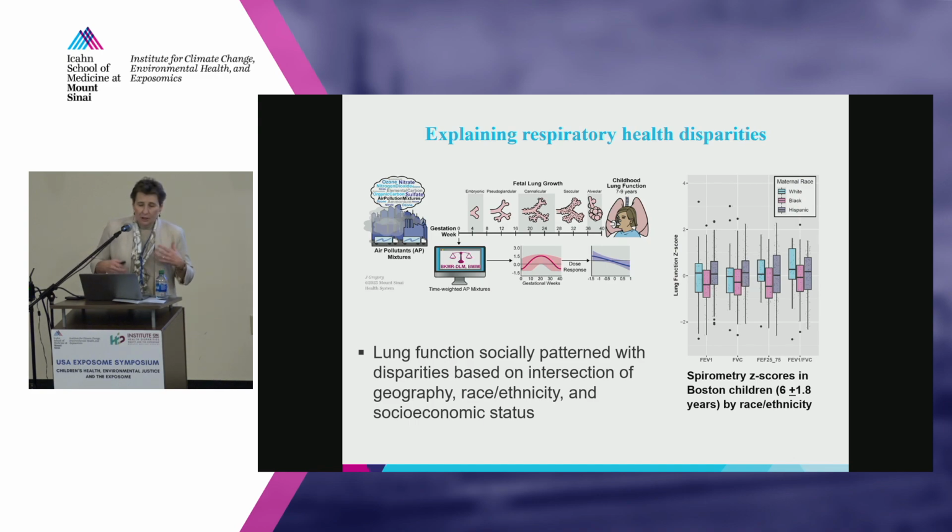But if we're going to explain respiratory health disparities, and here we're looking at lung function in those same kids as we followed them out further in time, around age 6 to 7 years, we found that levels of lung function tracked very much with their level of socioeconomic status and based on race, ethnicity.